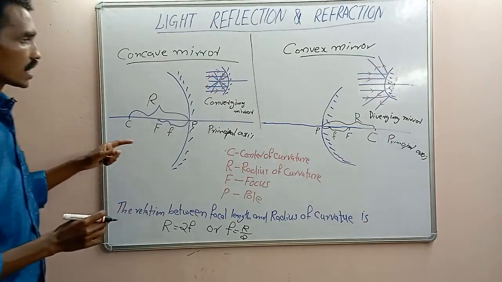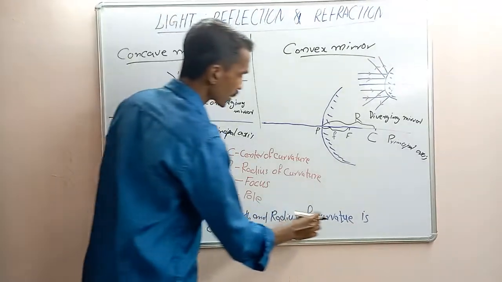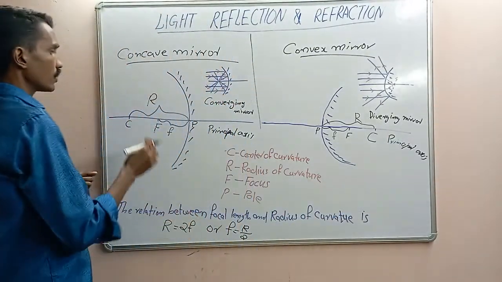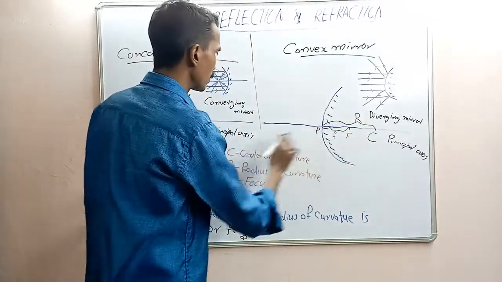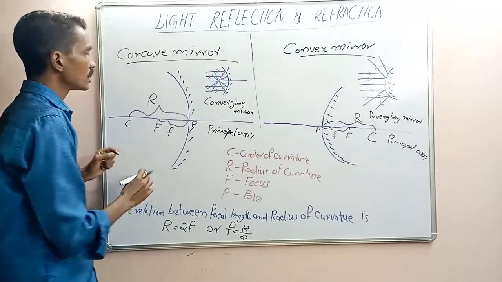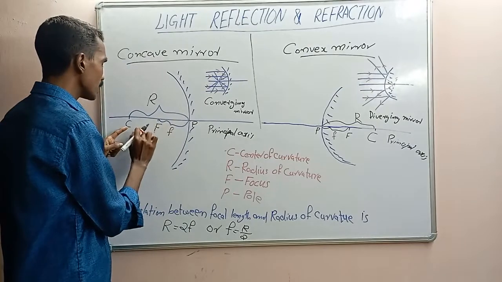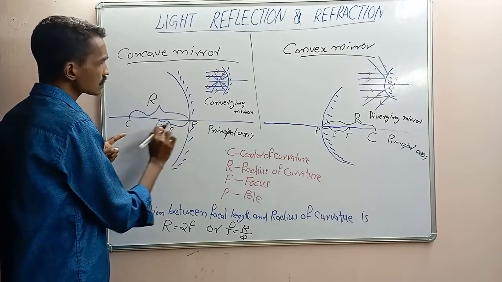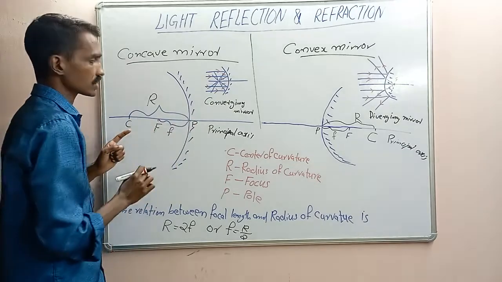So there is an important relation between the focal length and the radius of curvature. We discuss it in the concave mirror, but it is the same for both. We already say that the focus is the middle of the pole and the center of curvature.